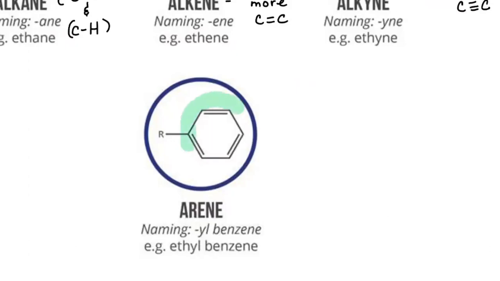This structure of a hexagon with alternating double bonds and single bonds is what we know in organic chemistry as a benzene ring. So as long as the molecule has that hexagon with alternating double bonds and single bonds, that is known as an arene.